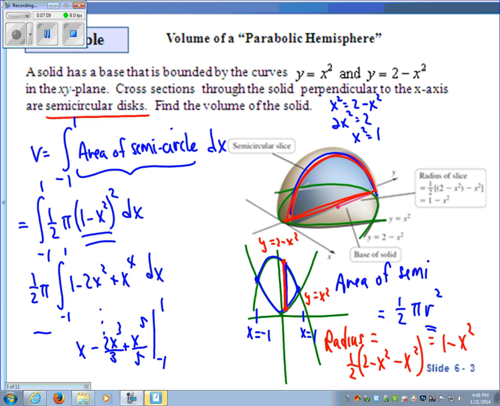And then I have the 1/2 pi out in front of this entire thing. Let's see what that answer should be. It should come out to be 8 pi over 15. Okay, so that's just evaluating that out.